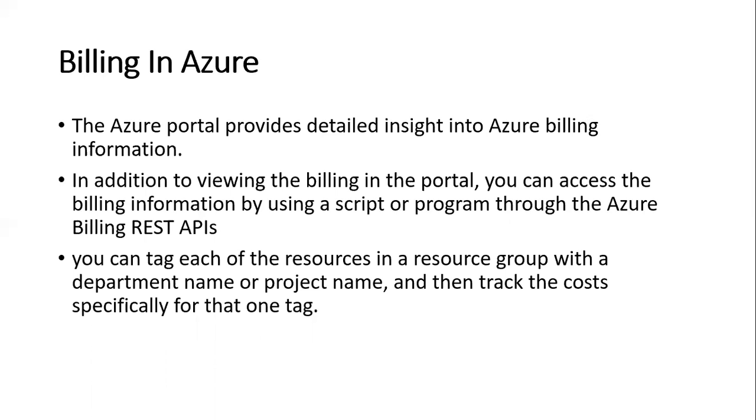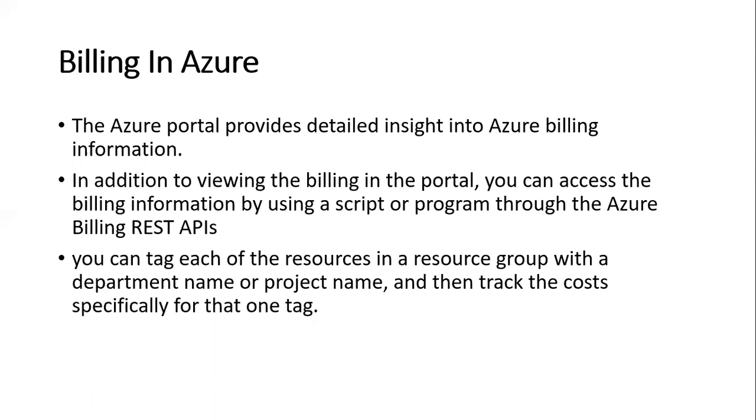Okay, in addition to viewing billing in the portal, you can also automate scripts to get the billing information. There are a lot of automated scripts available in the market. You can use them to get the billing from your portal, and automate sending an email to a particular manager or the IT department of your company.